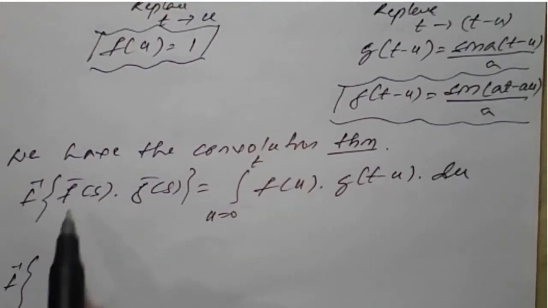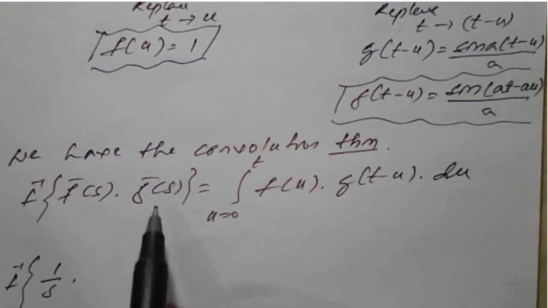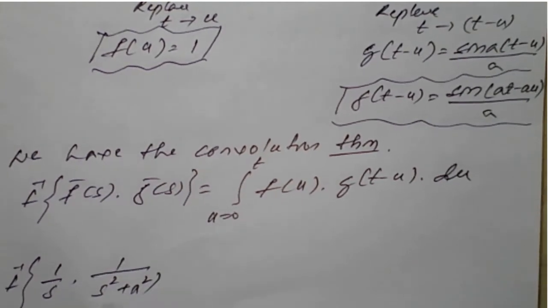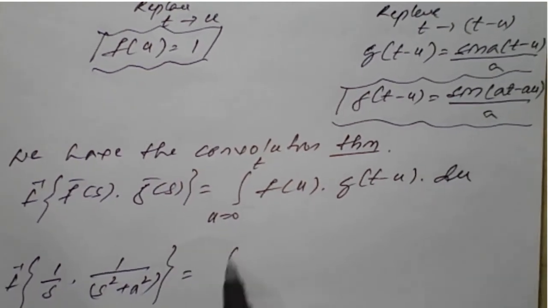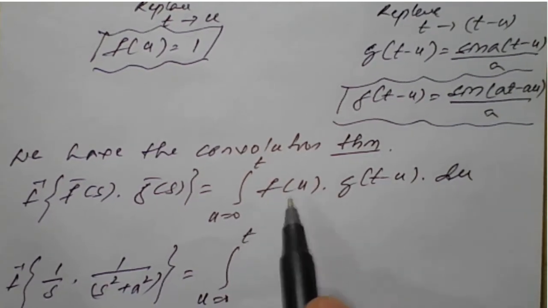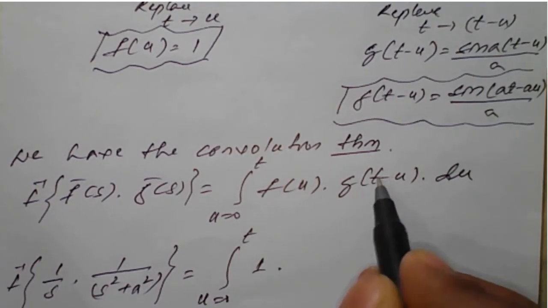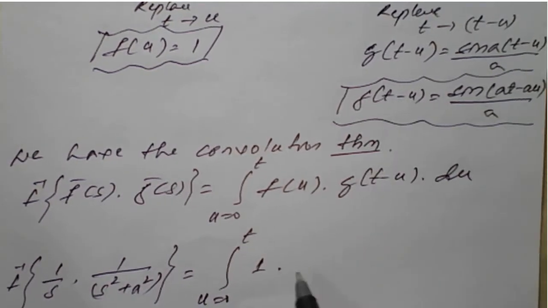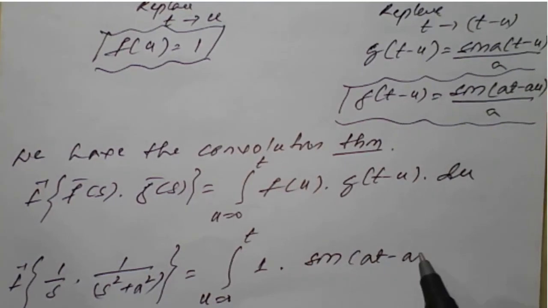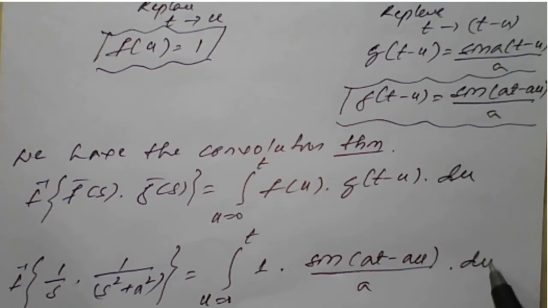So f dash of s is nothing but 1 upon s, and g dash of s is 1 upon s square plus a square, which is nothing but integration u from 0 to t f of u, which is 1, into g of t minus u. G of t minus u is sine of at minus au whole divided by a into du.